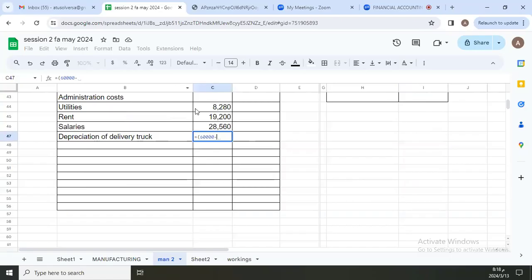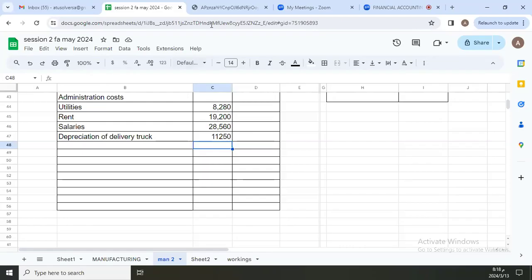So we come here, minus 15,000, close brackets, multiply by 0.25. I'm getting 11,250. I don't know if you've also got that. Yes? Proceed.